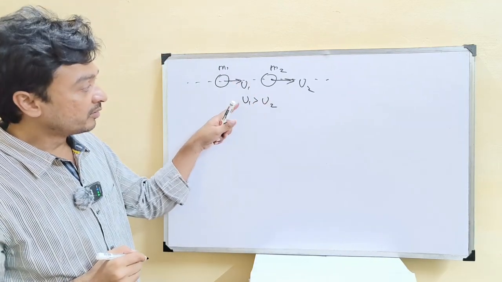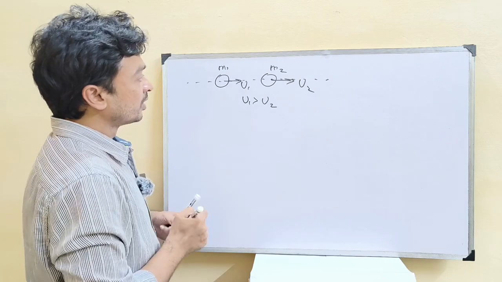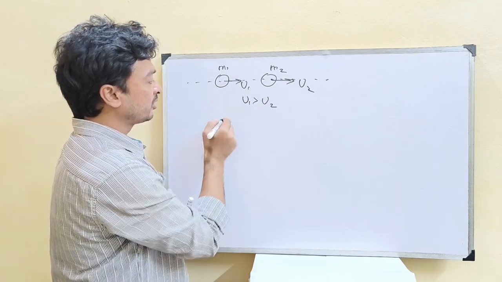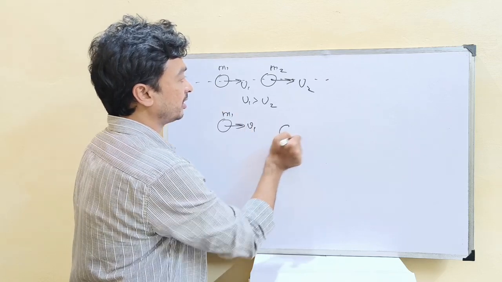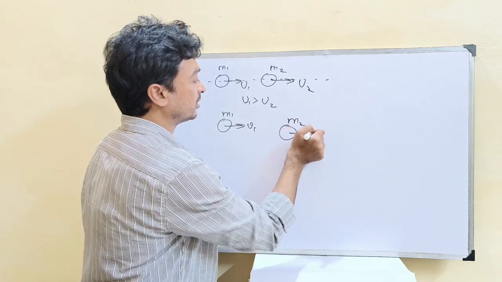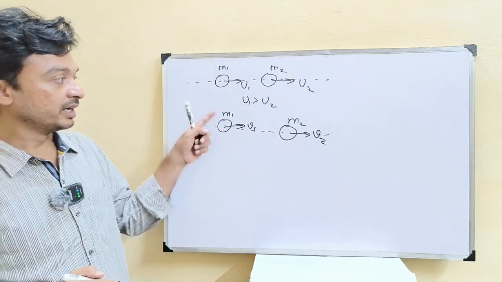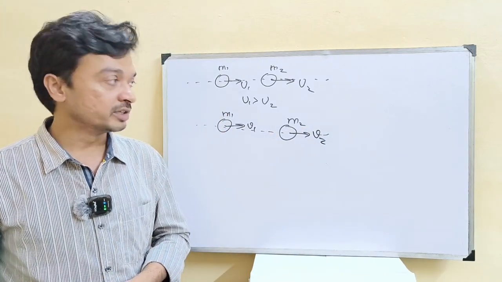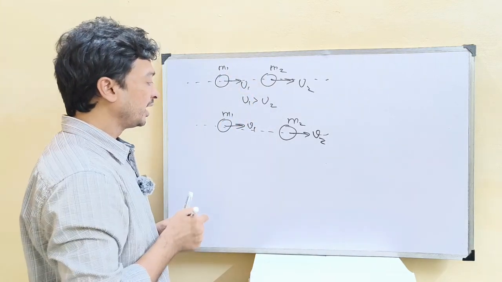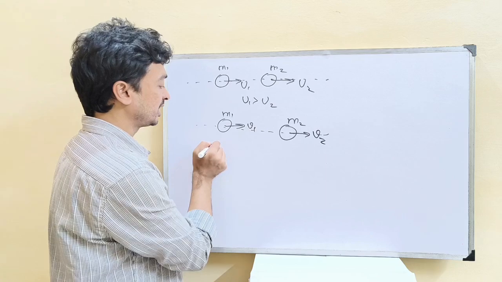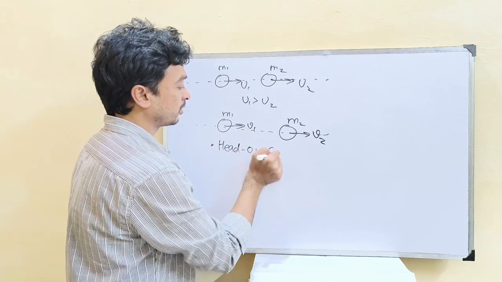When u1 is greater than u2, they will collide, and after collision m1 will have some velocity v1 and m2 will have velocity v2. These velocities are along the same line, that is, the line joining both centers of mass. If this kind of situation is there, then this is called head-on collision.